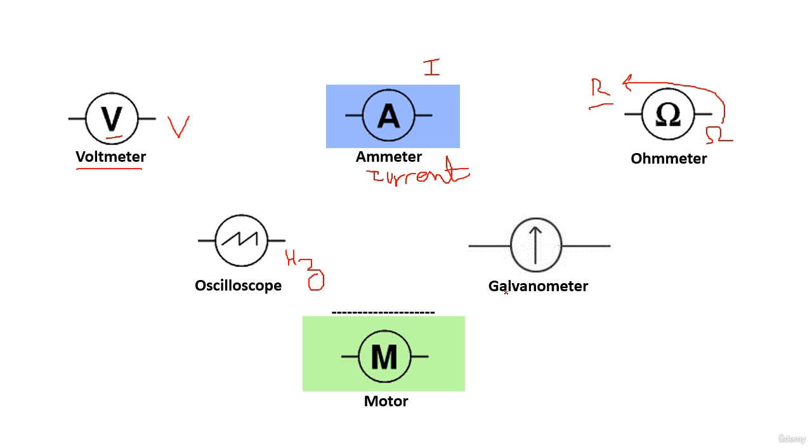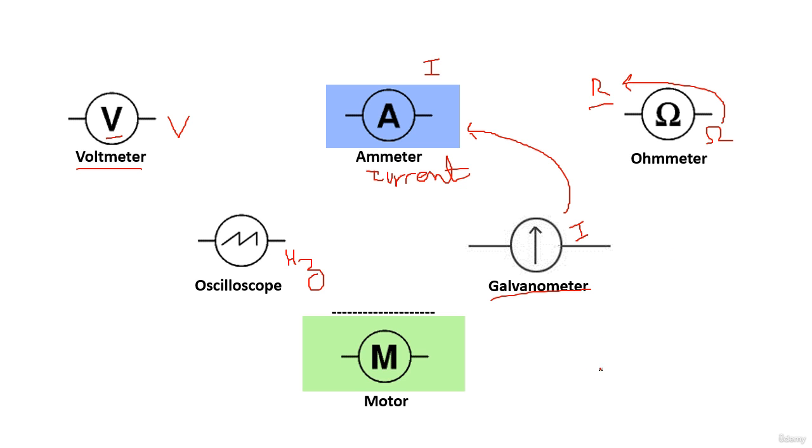And here we have the galvanometer. This is the symbol of the galvanometer. We use it to measure the current, exactly like this, but the galvanometer is used to measure a very low current or amps.